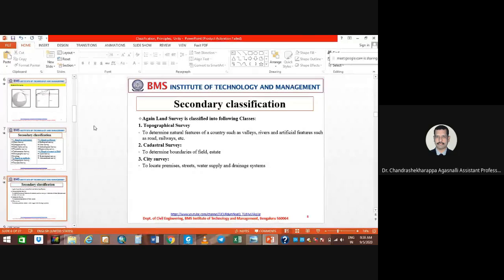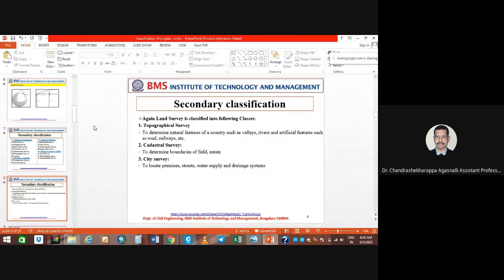Artificial features, roads, we are going to construct as per our requirement. Okay. Railways, as per our requirement, we are going to do. Tunnel, same. Reservoir, same. So artificial ones. But of course, there may be natural reservoirs also. Okay. And dam construction, it's not a natural one. It's man-made.